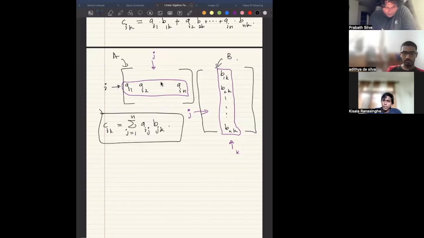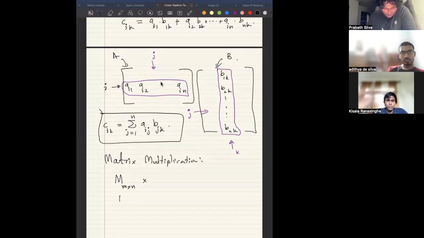So we define the matrix multiplication. It can take m by n matrices, and this is where matrix A is coming from, and this is where matrix B is coming from, right?